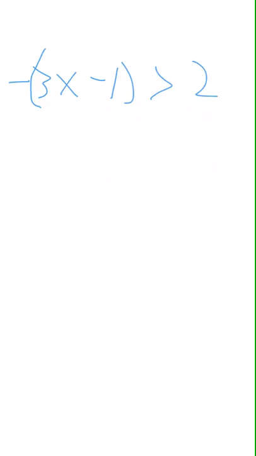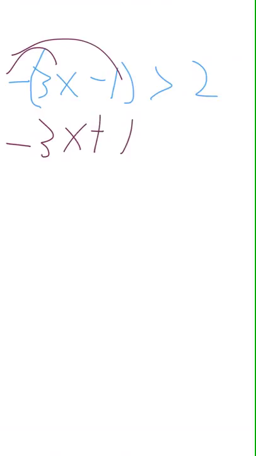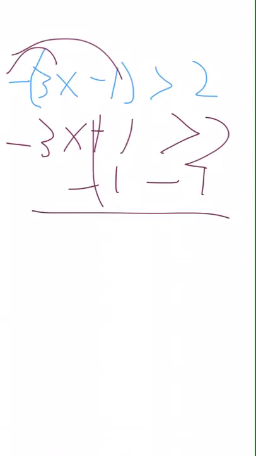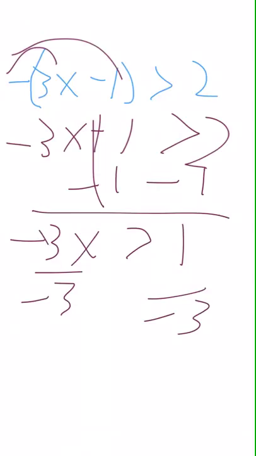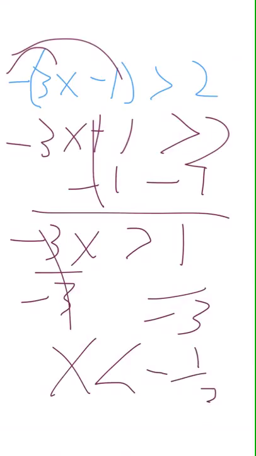So now let's solve the other one. Negative (3x minus 1) is greater than 2. Distribute the minus, so minus 3x plus 1 is greater than 2. If you subtract 1 from both sides, you have negative 3x is greater than 1. If you divide by negative 3, remember, since we divide by a negative, you have to flip the inequality symbol, so x is less than negative 1/3.